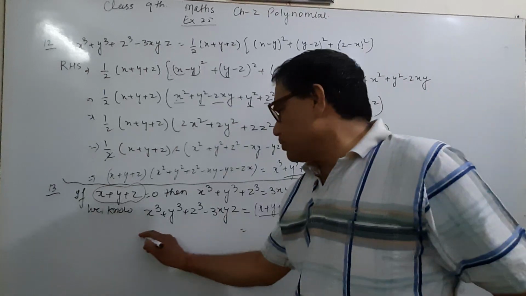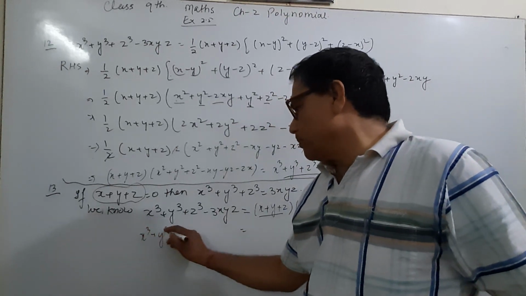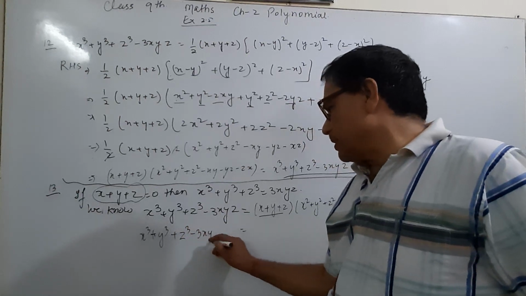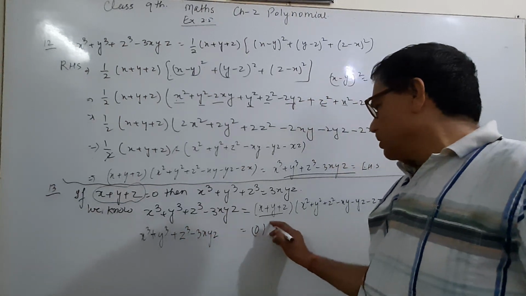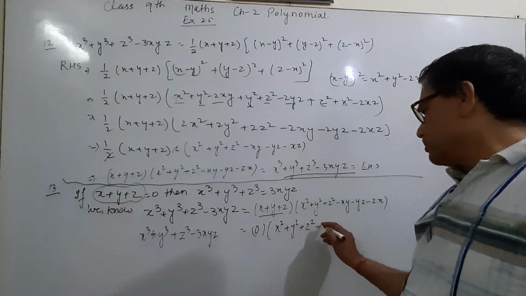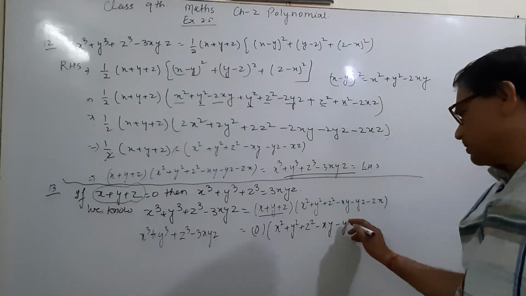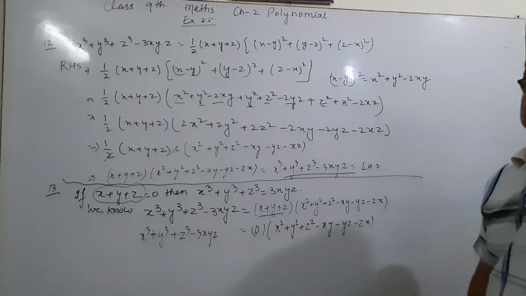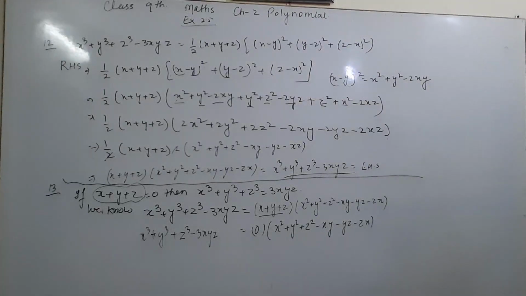So it means x cube plus y cube plus z cube minus 3xyz is equal to 0 times the same x square plus y square plus z square minus xy minus yz minus zx. 0 multiplied to any number, any variable, any term, then the whole answer will be 0.